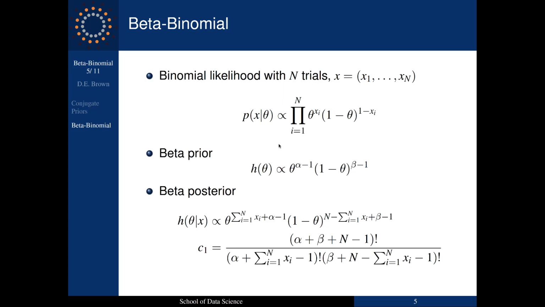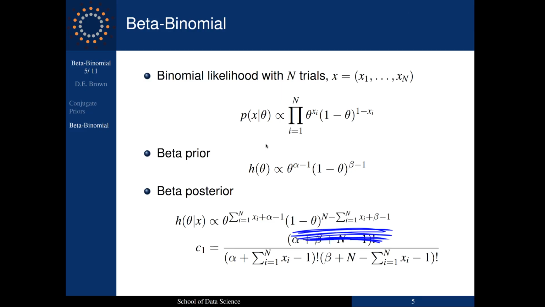We can see this easily if we do the algebra. Since the likelihood function is the product of these thetas to the xi, that's the same thing as theta to the summation of the xi's. Now we multiply that by theta to the alpha minus 1, so we just add alpha minus 1 in that exponent, and we get theta to the summation of the xi's plus alpha minus 1.